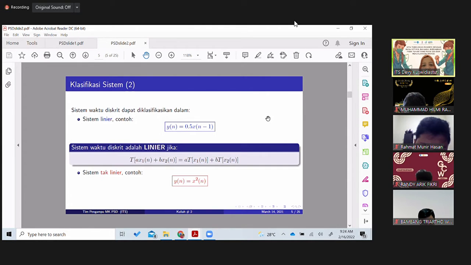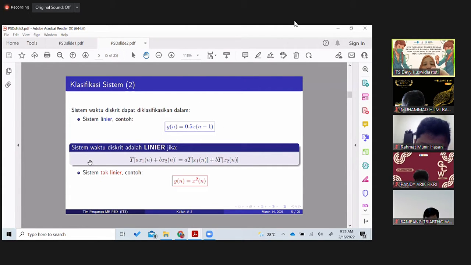It is clearly a linear system. If you know linear systems in mathematics, it is the same. The linear equation in mathematics, yeah. I suppose you already know about that. So in here it is said to be linear.